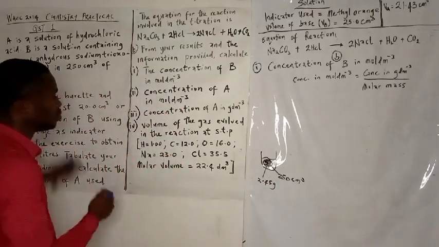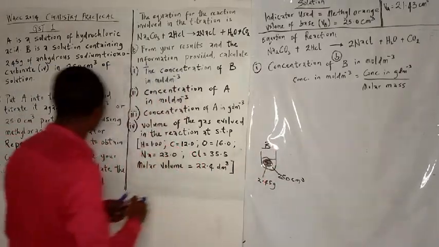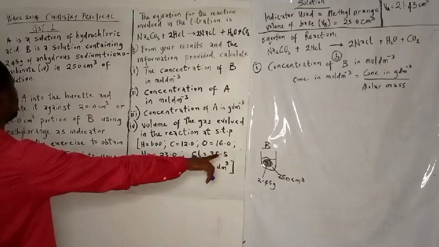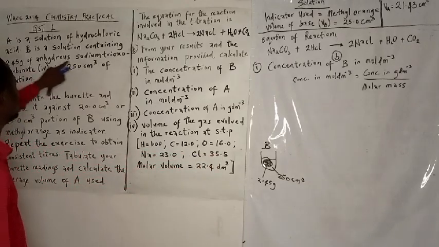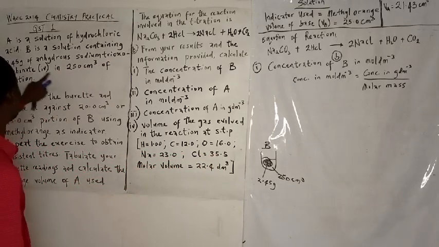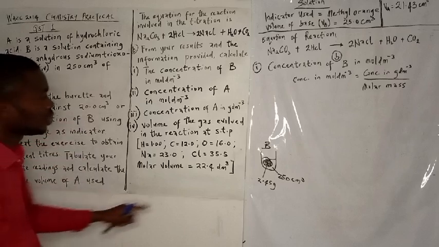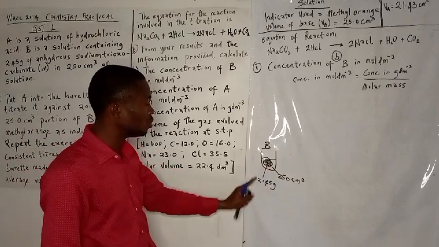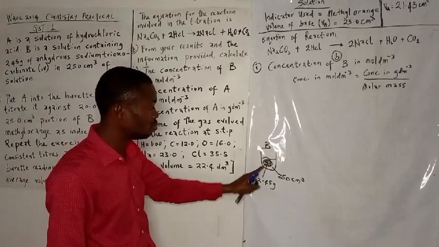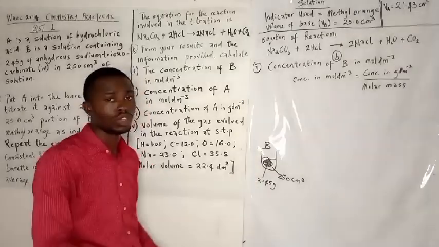So that's what this statement means. This is 250 cm cube of solution, and you have 2.45 grams of sodium trihydrocarbonate 4.